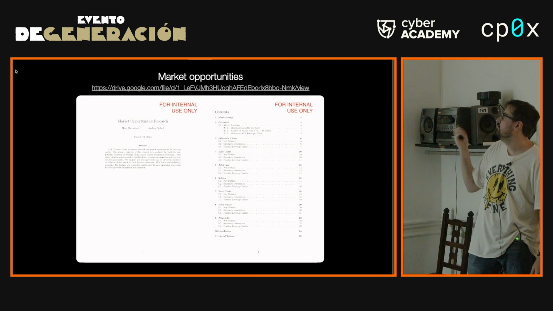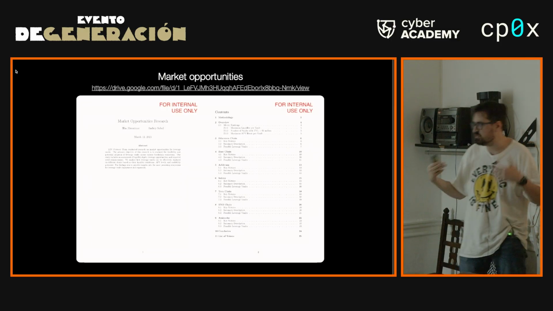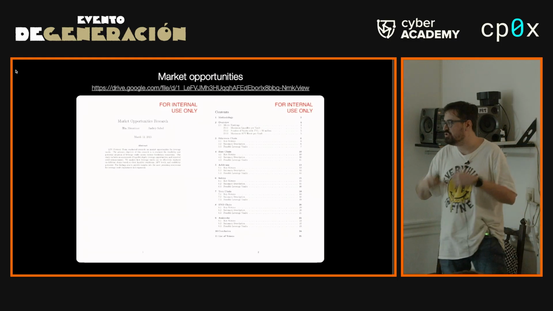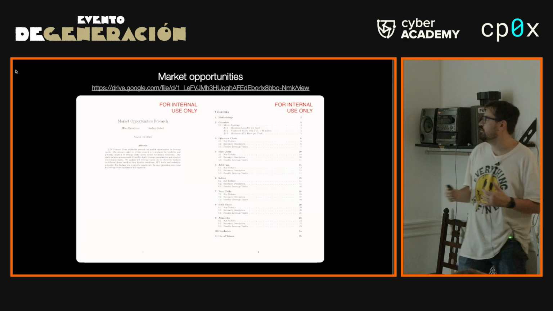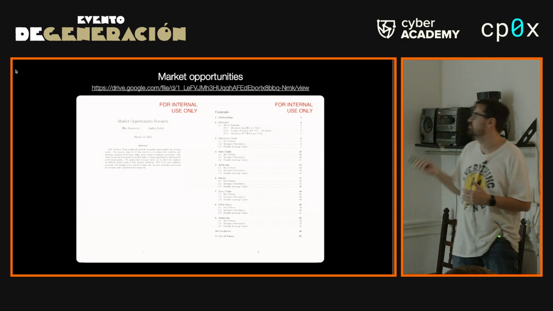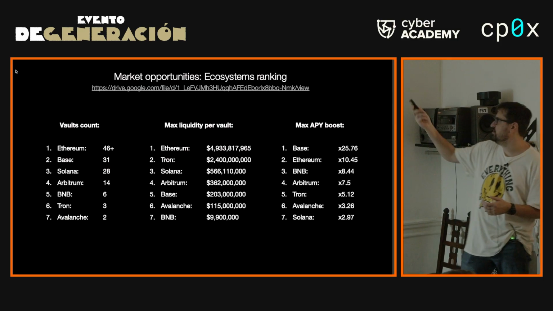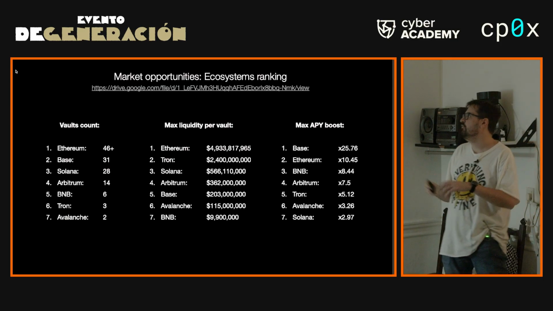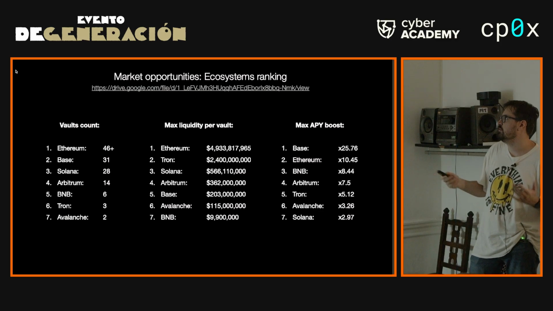And we did market opportunity research to understand what possible vaults we can deploy next on the mainnet and eventually achieve a totally permissionless protocol where anyone can deploy a vault. Right now we know all of these platforms and these are our priorities. It means that on Ethereum we will have a big number of vaults and on Base a little bit less.